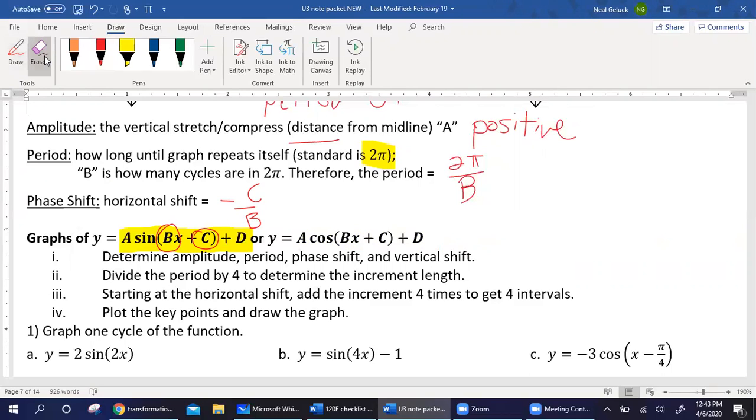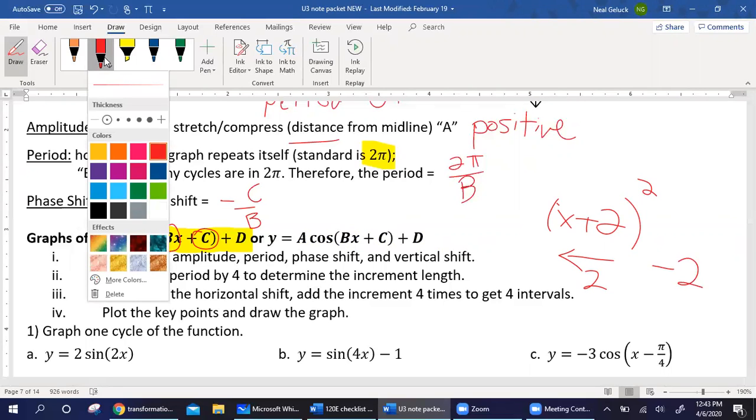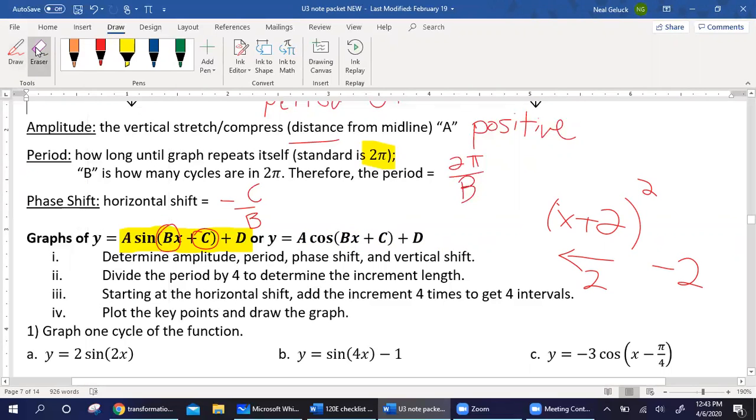And also, in more generic terms, if you remember when we were doing transformations of stuff like x plus 2 squared, remember, the plus 2 actually meant go left 2. So I was actually changing the sign. I was shifting negative 2 over. Same idea here. That's why I stuck the negative on this.